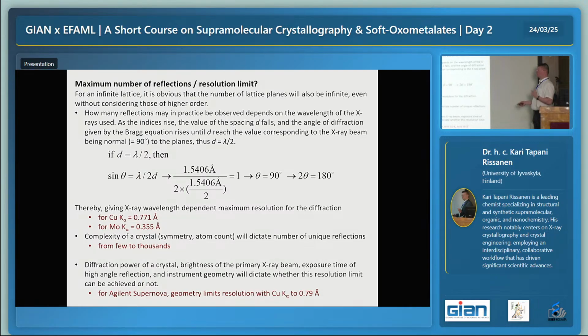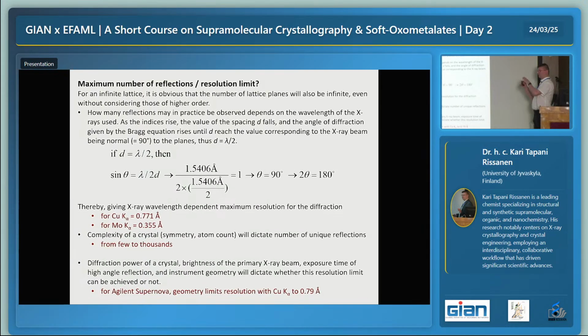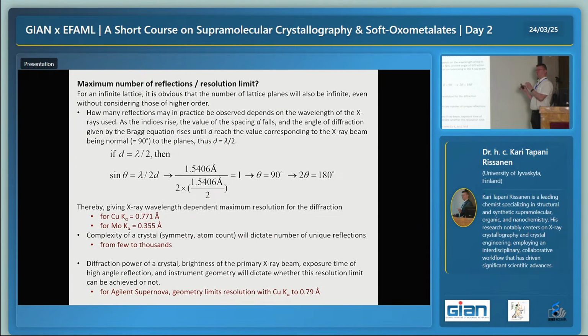Remember, I told you that in the diffraction image, each individual spot contains a tiny part of the information. So the diffraction power of the crystal, the primary beam, and the exposure time all dictate how high resolution we can reach.